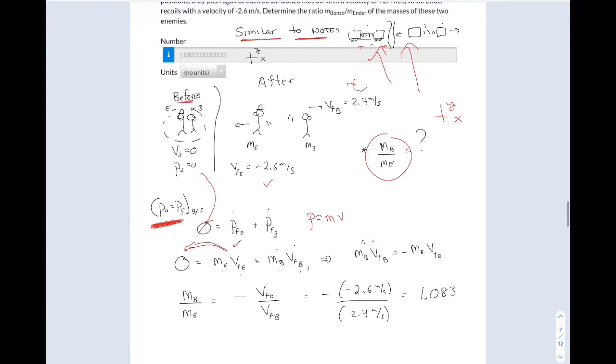I'm trying to find that ratio, so I took mass of E and divided both sides by that. There's my ratio, and this velocity winds up on the bottom. I know my V final for person E was given to the left, so that's why it's a negative, and then I get the ratio of those two masses.